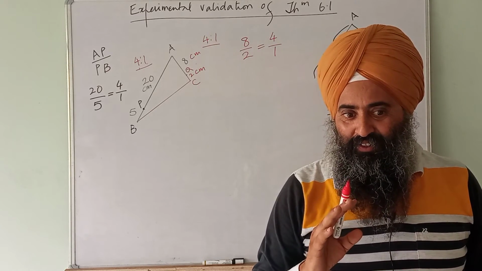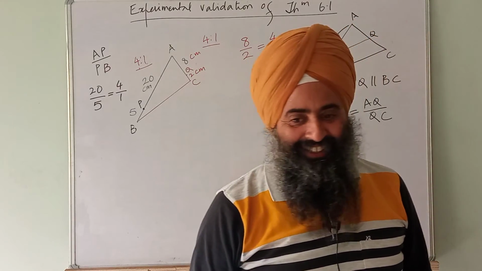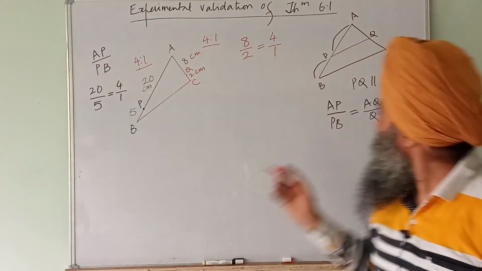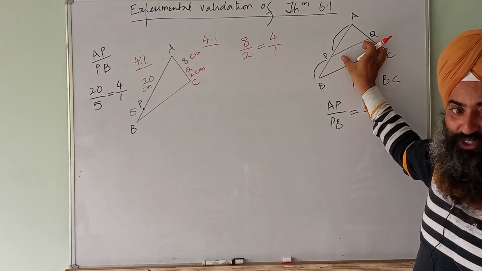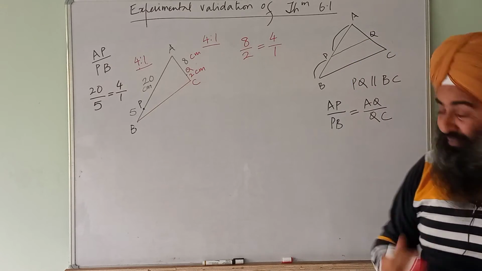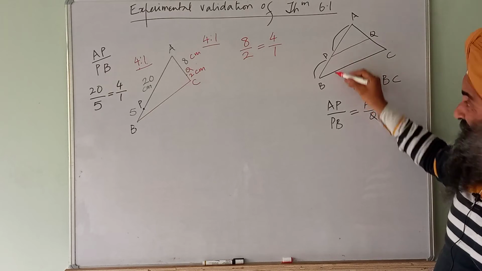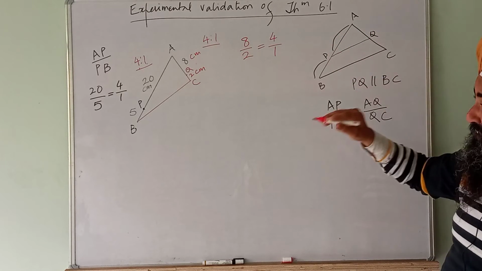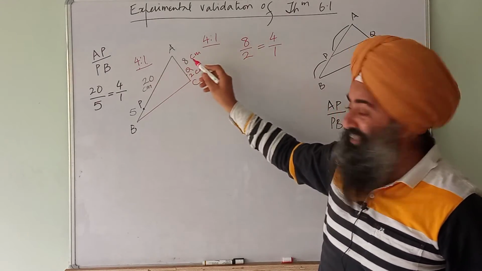Parallel. This student? No. We don't know the length of this line. The theorem is not talking about the length of this line. The theorem is saying if PQ is parallel to BC, this ratio is same. We have done the reverse. We have already taken this ratio same.